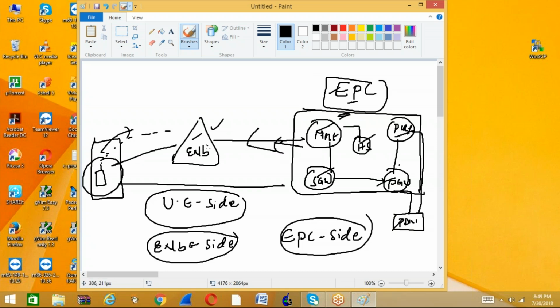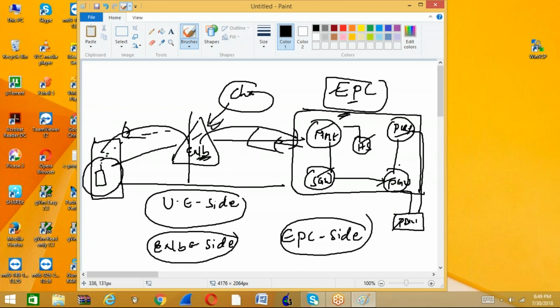But when you're working on the eNodeB side, you should know how the eNodeB is performing towards the UE and how it is performing towards the EPC, both sides. So the most critical, most challenging job is on the eNodeB side.